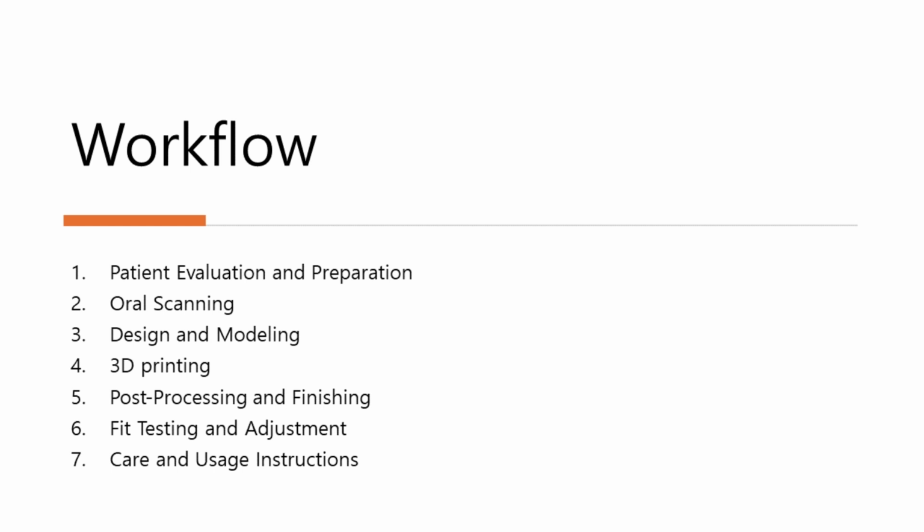5. Post-processing and finishing. After 3D printing, the occlusal splint may undergo additional post-processing steps if necessary. This can include removing any support structures, smoothing, and sterilizing if required. 6. Fit testing and adjustment.